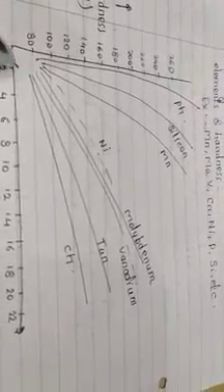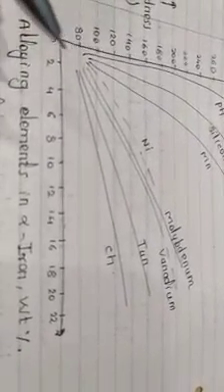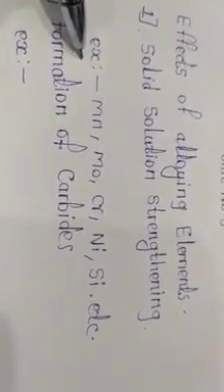And similarly, for molybdenum, vanadium, tungsten and chromium, as the percentage in alpha iron increases, the hardness also increases. Examples of solid solution formers are manganese, molybdenum, chromium, nickel, silicon, etc.